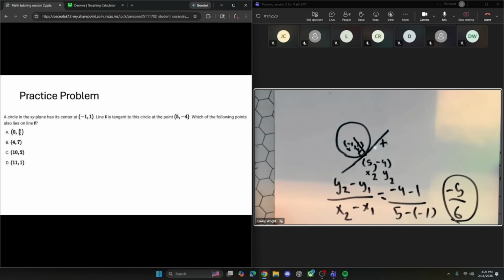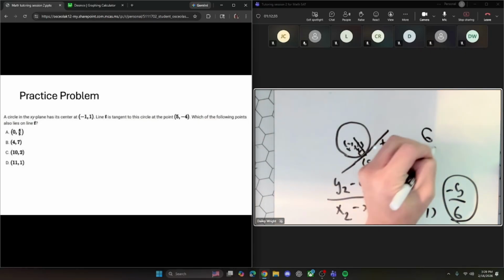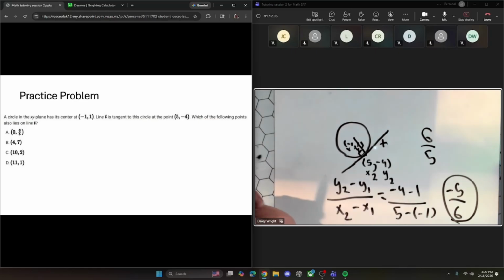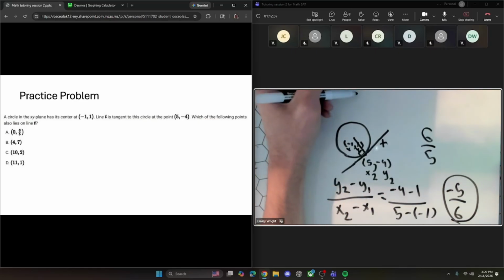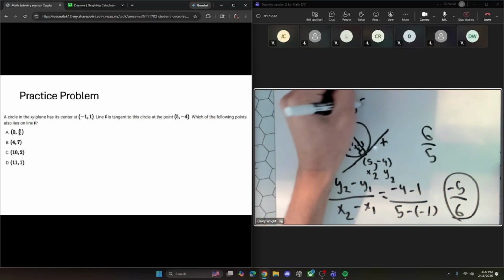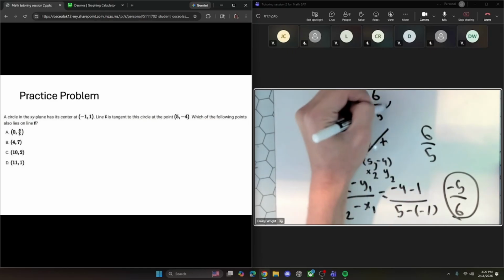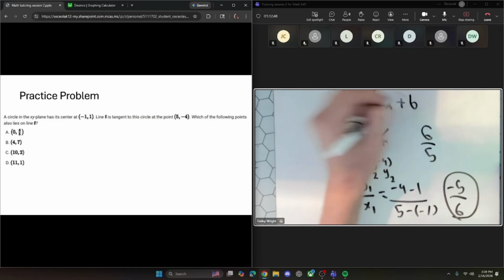So we know if a line is perpendicular to another line, then its slope is the opposite reciprocal. So the slope of line T is going to be 6 over 5. So now we know line T is going to be y equals 6 over 5 x plus b.